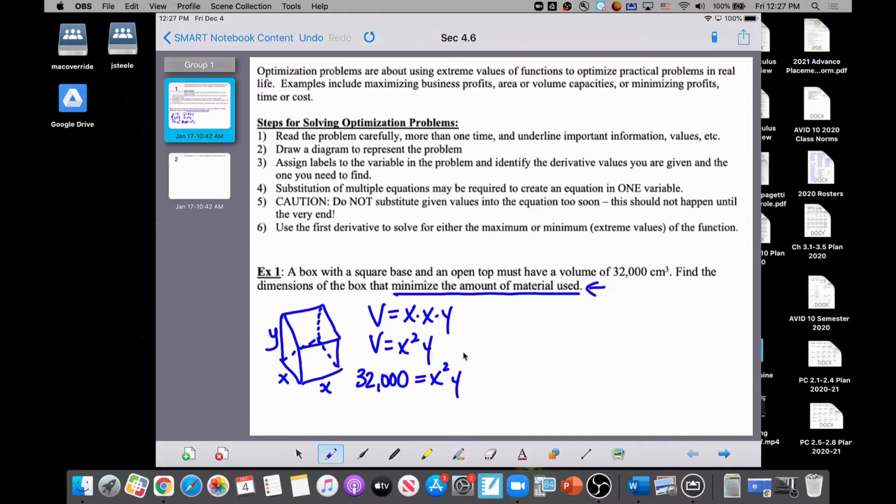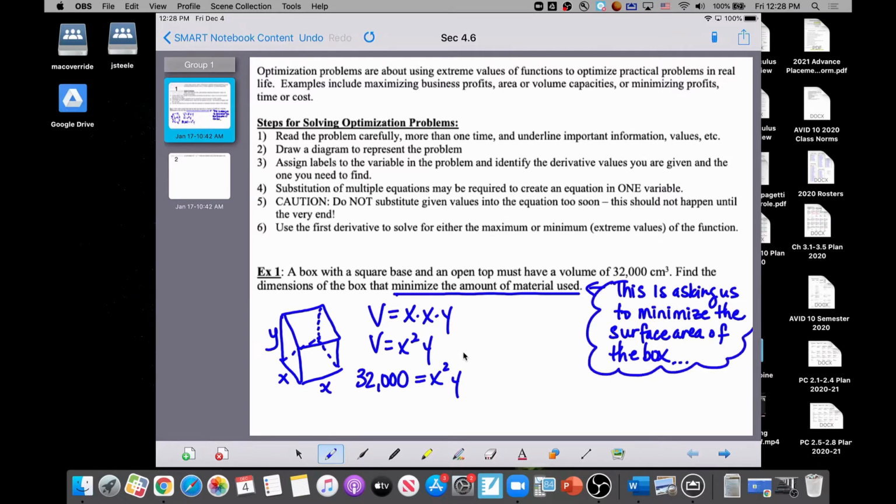So let's write that down. This is our job in this problem: minimize the surface area of the box.